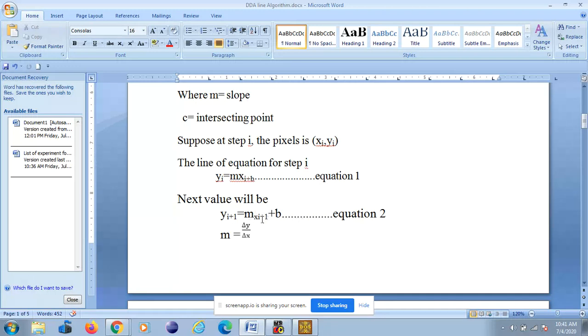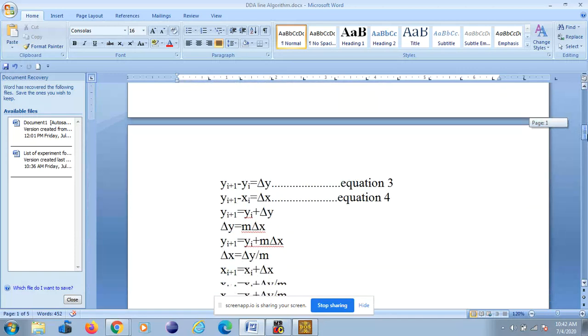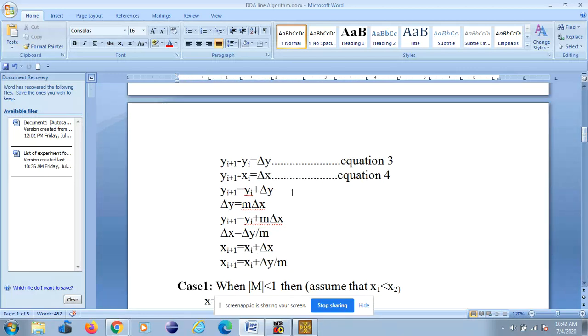By calculating del y by del x we get the value of the slope. So del y equal to yi plus 1 minus yi, del x equal to xi plus 1 minus xi, and m equal to del y by del x. If we want to calculate the value of del y, then del y equal to m into del x.